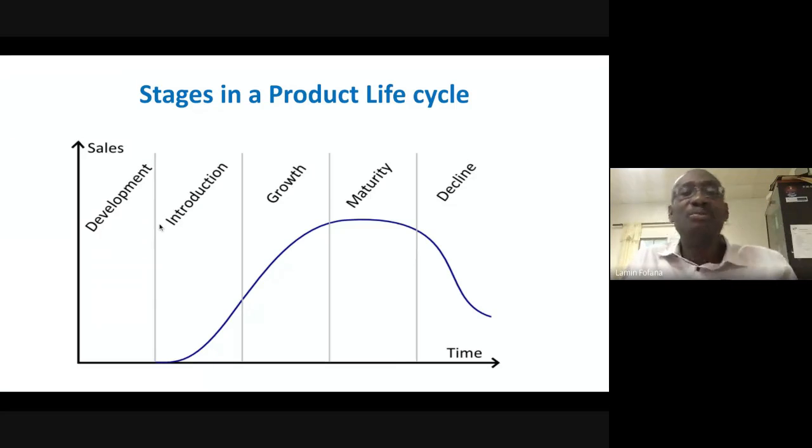Something must have happened before the product comes into being. Because there might be some research and development costs that must have been incurred before you can even produce the product. There might be some costs relating to patents, copyrights. There might be costs relating to the machinery that you are going to use to produce the product, and so on and so forth. So all those things will happen at the development stage.